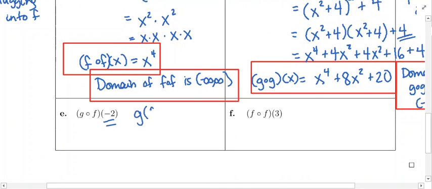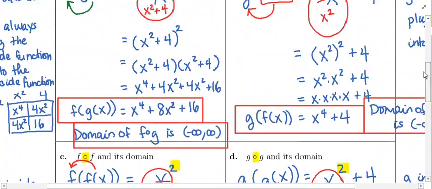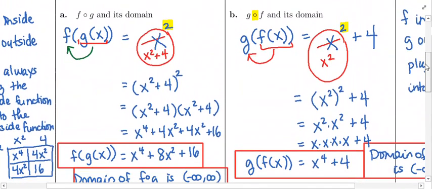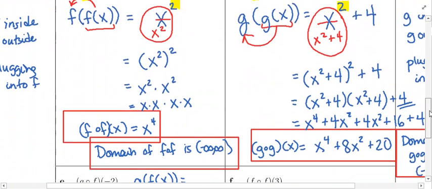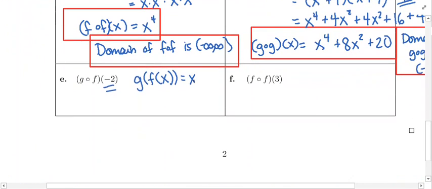We know that g of f of x, like I said, in part B, we found it to be x to the fourth plus 4. So that means, you can break this down, g of f of -2 is, you have a new function. You're just plugging -2 in for x.